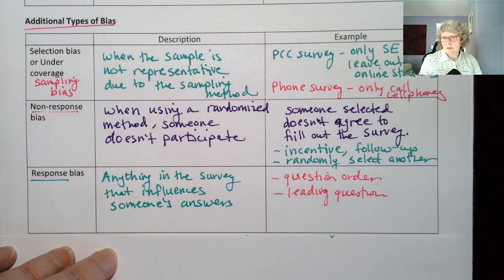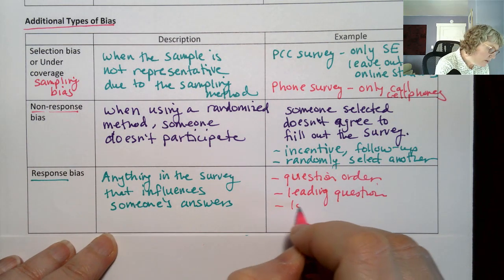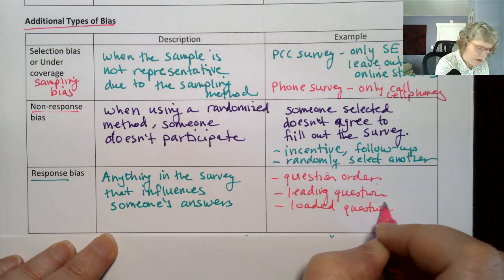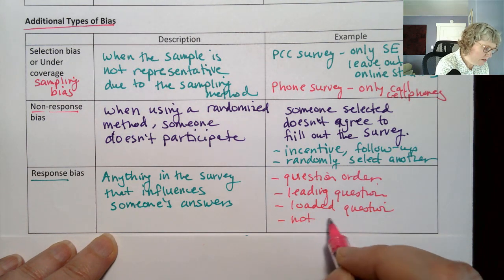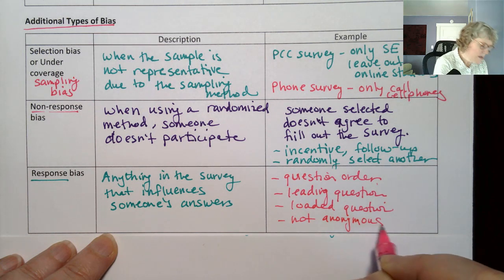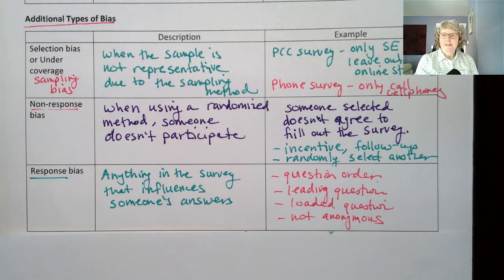It's written in a certain way that sort of leads you to one conclusion over another. A loaded question. And also if something's not anonymous. Let's say there's a workplace survey about drug use or something, and it's not anonymous. You're not going to answer that.